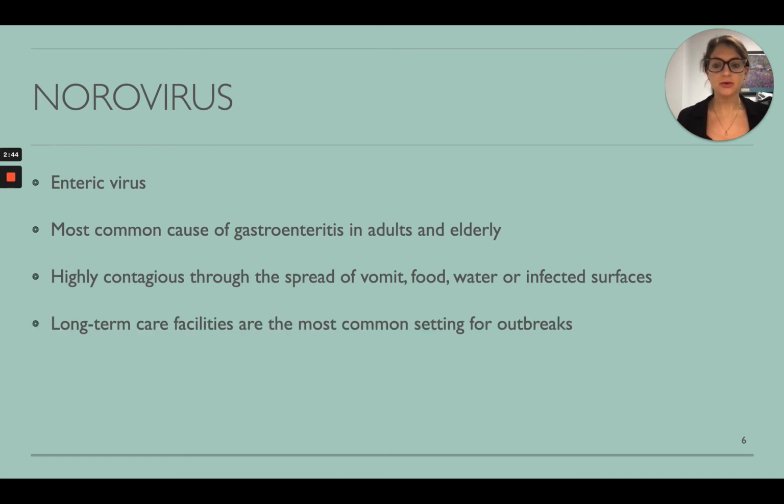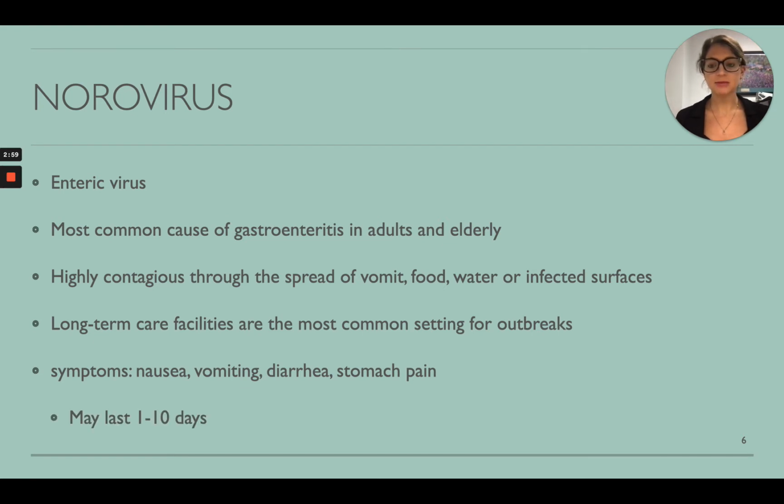And long-term care facilities are actually the most common setting for norovirus outbreaks. And the symptoms of norovirus include nausea, vomiting, diarrhea, and stomach pain. And the symptoms of norovirus can last anywhere from 1 to 10 days.